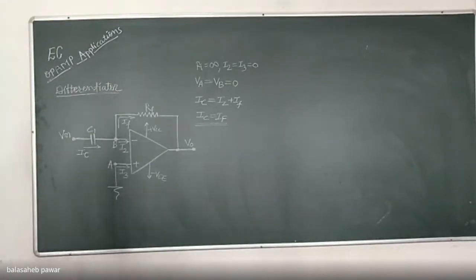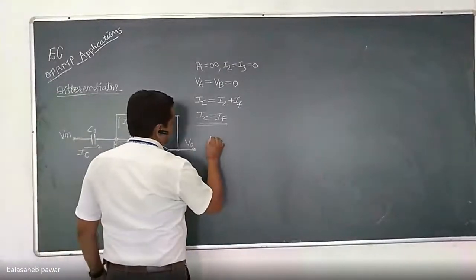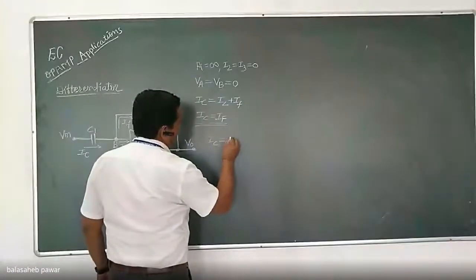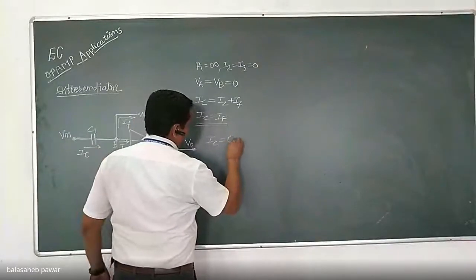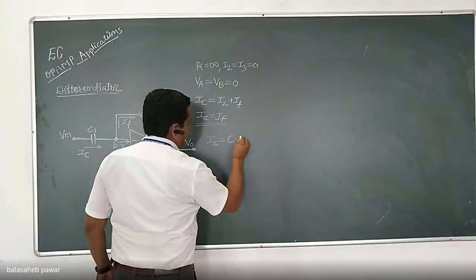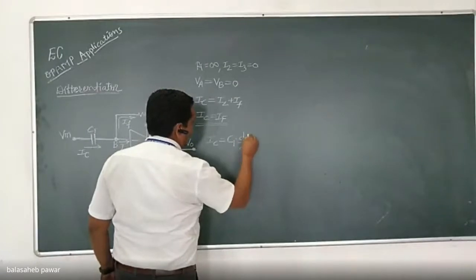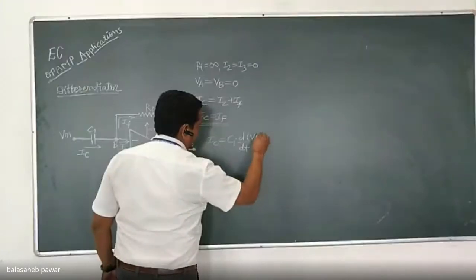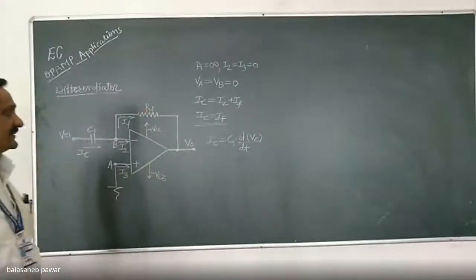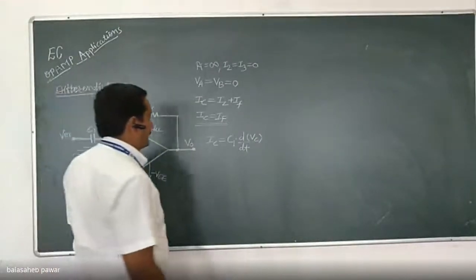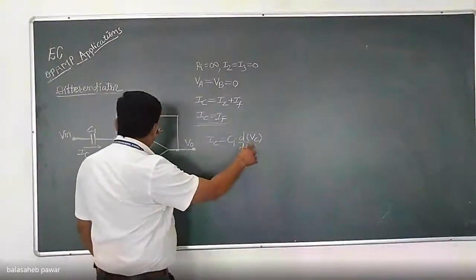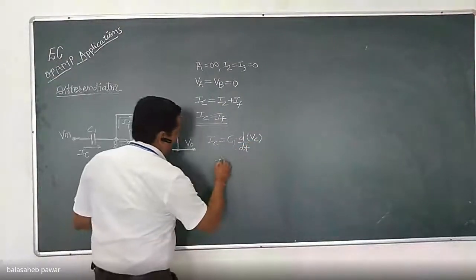Okay, so what is that IC? What is the equation for current flowing through the capacitor? Can we write it like this? IC equals the capacitance of the capacitor, that is C1, into d by dt of the voltage across that capacitor. So I will write it as dVc by dt. Now, what is the voltage across the capacitor?